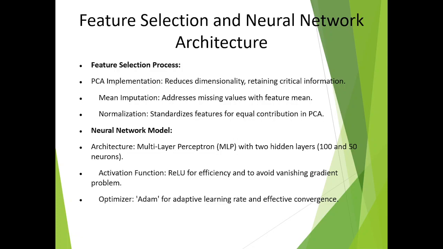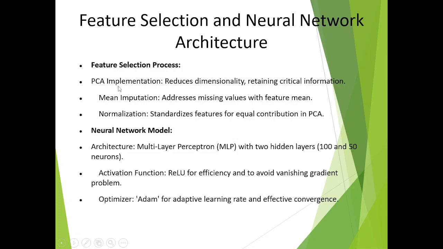So in feature engineering, here we have used a principal component analysis, where we have reduced the entire content of the data set to two principal components, and where two principal components contribute to more than half of the contents of the data set, which reduces dimensionality, retaining only the critical information.